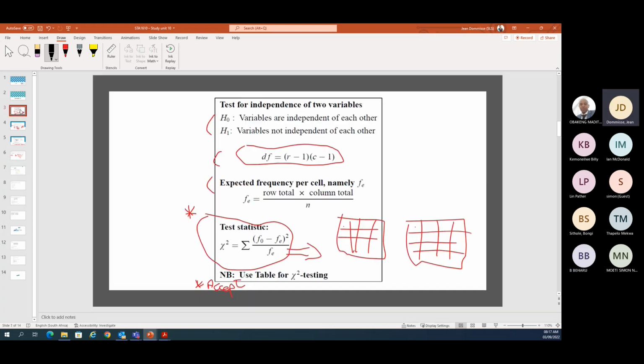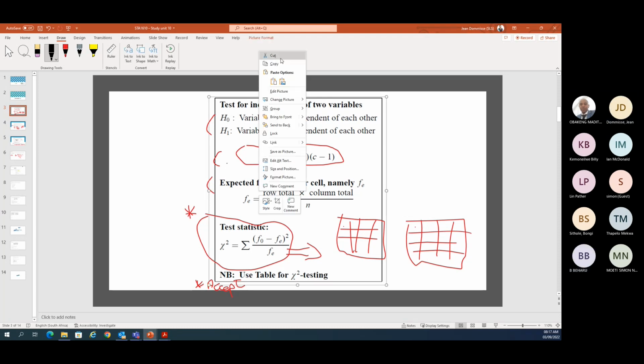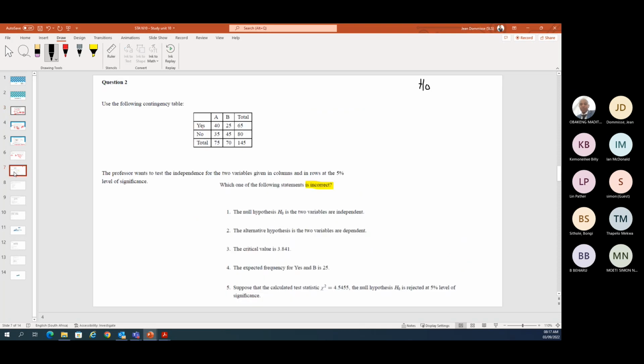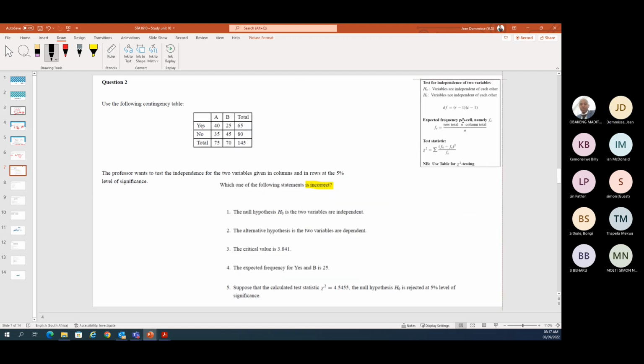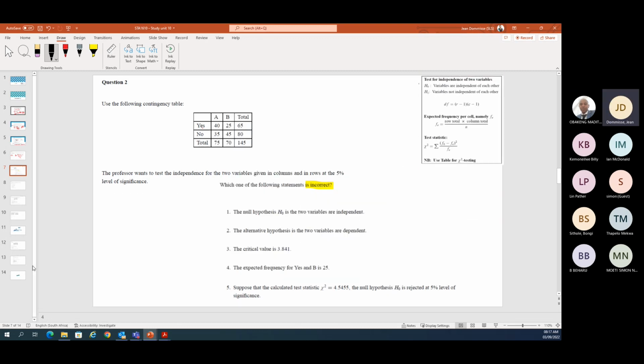Let me just make it very small. There it is. So we have that as a reference every time.